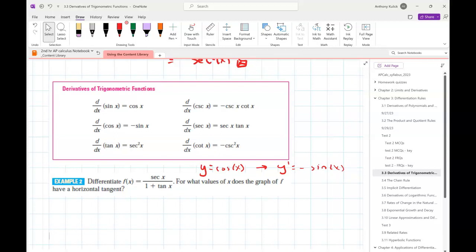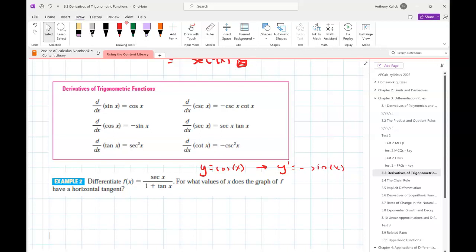First thing I'm going to need to do is take the derivative, and then once we have that, how are we going to find where the horizontal tangents are? What is the slope of a horizontal line? 0. So we'll set the derivative equal to 0, because the derivative gives us the slope of the function at any value x, right?